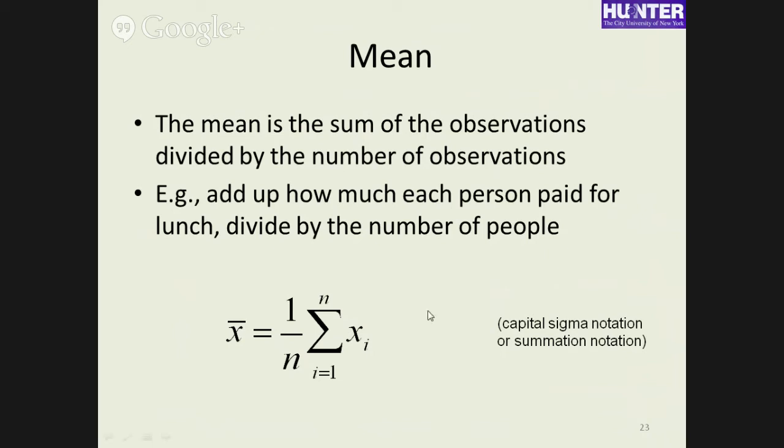So x1 might be the first record that we gathered, x2 would be the second one, etc. up to, if n was 100, then this would be a sum of 100 different values. You just add them all up, divide by the total number.